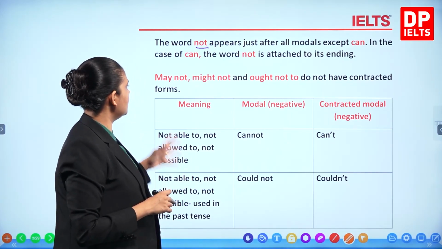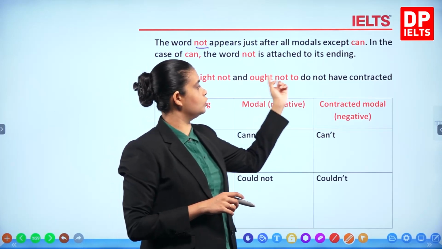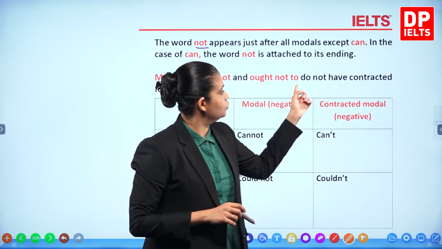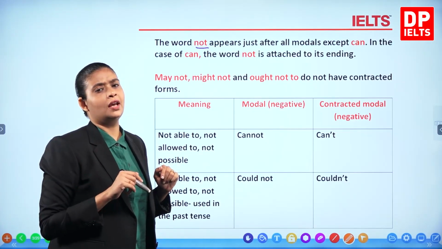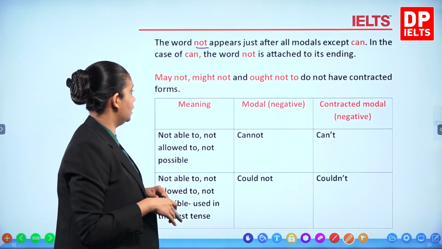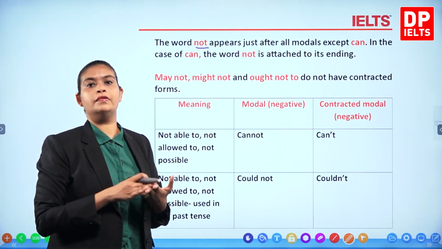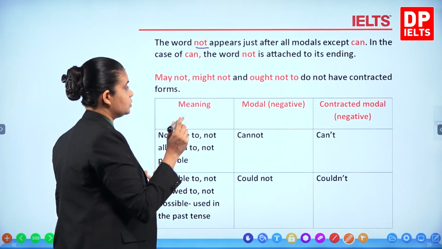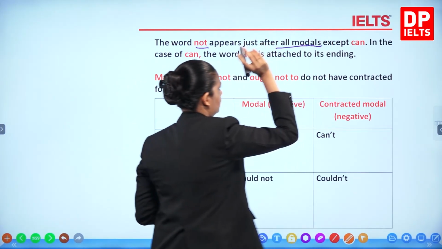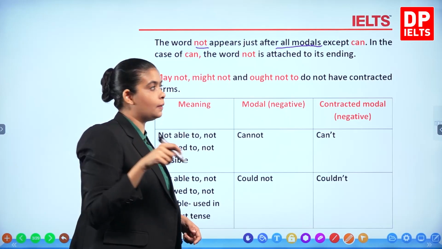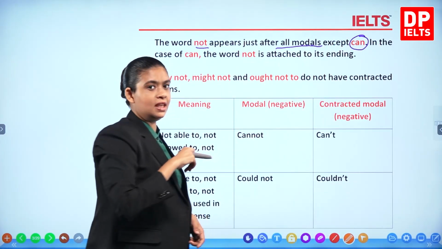May not, might not and ought not to do not have contracted forms as well. Now let's have a look at what I was talking about. The word not appears just after all the modals, except can.